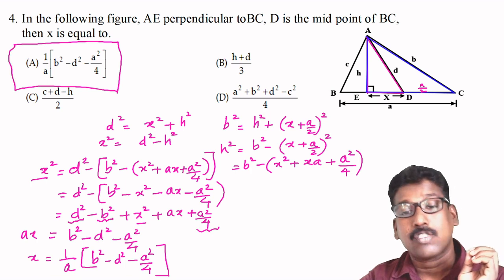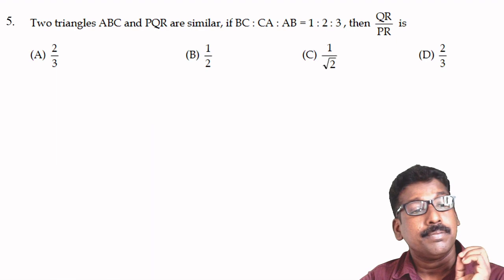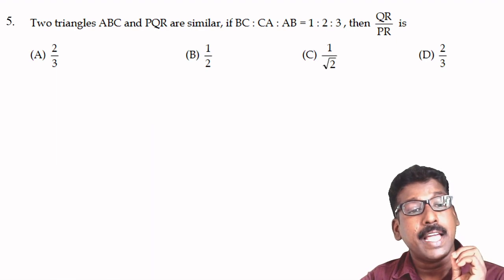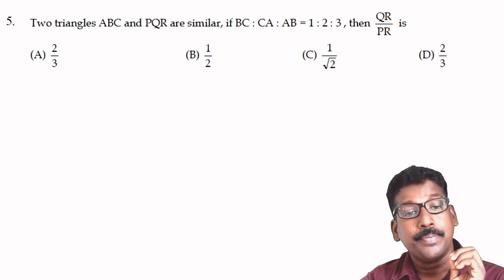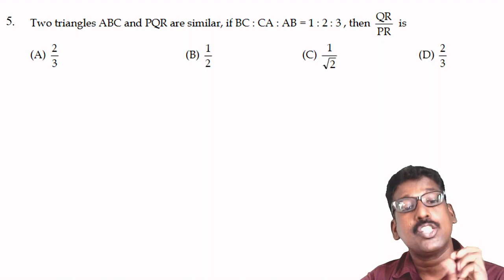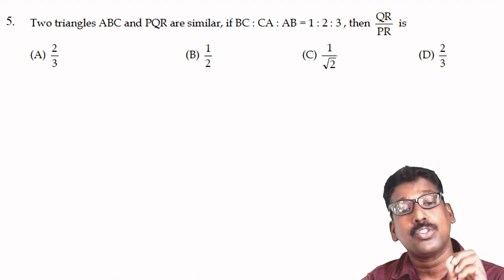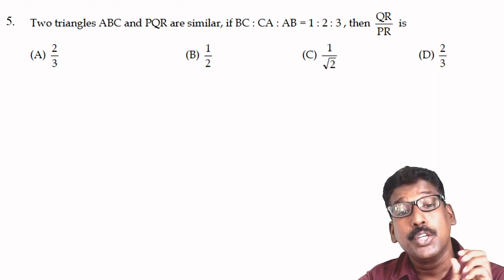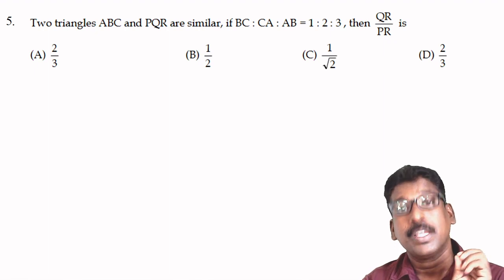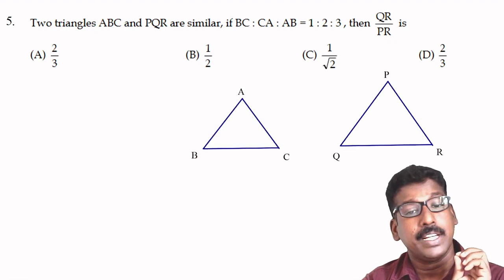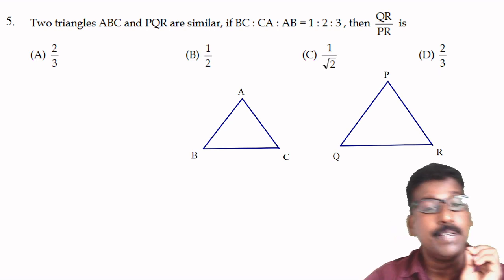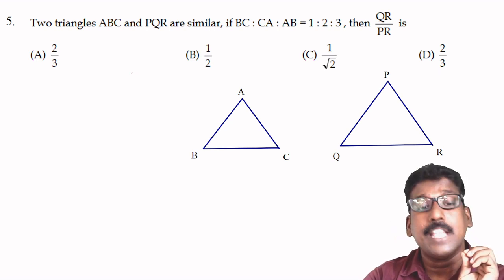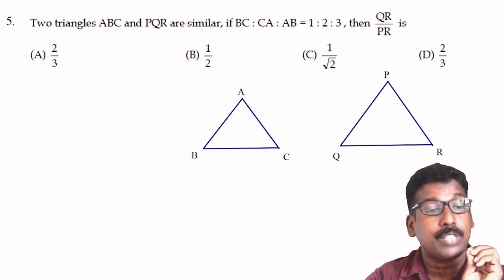Now look at the next question. Here, two triangles ABC and PQR are similar, and BC is to CA is to AB is equal to 1 is to 2 is to 3. You have to find out QR by PR. Let us look at the figure. Here triangle ABC and triangle PQR are given. Now BC is to CA is to AB is equal to 1 is to 2 is to 3.